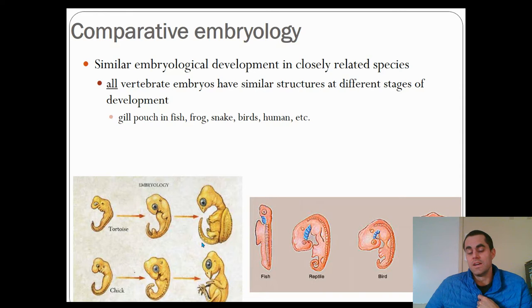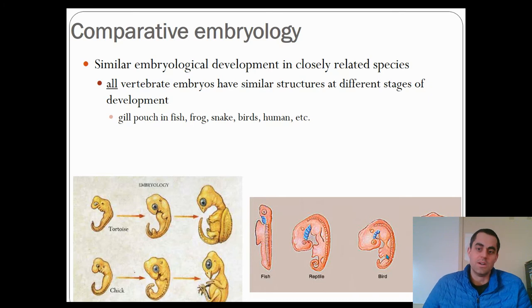And this is a much larger relationship, human to fish and reptile and bird. But in development, all 4 of these have gills. And the only one that needs gills to breathe is a fish. Reptiles, birds, and humans do not need gills.